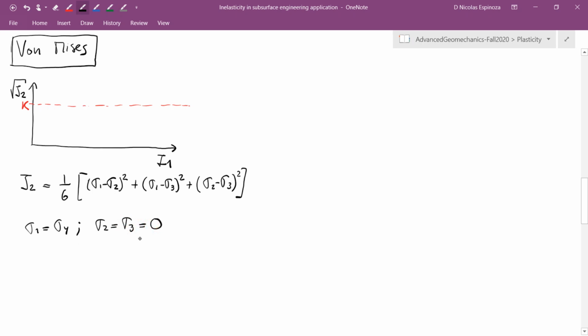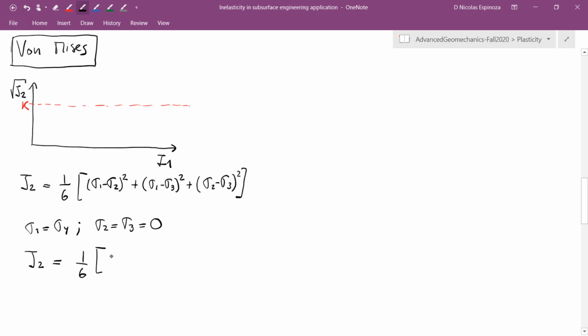So if I replace these two equalities into the equation on top, what I'm going to obtain is that J2 is going to be equal to 1/6 of sigma y squared, and this is going to be 0, and this is going to be sigma y squared.